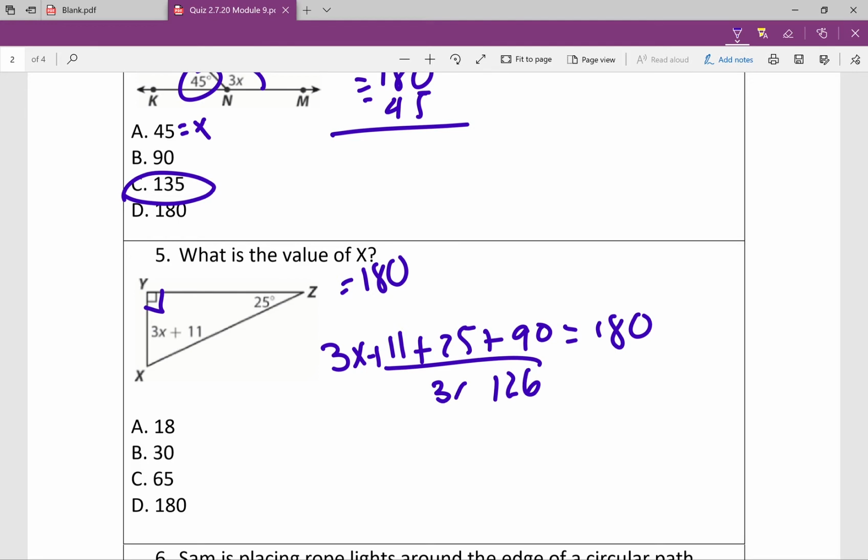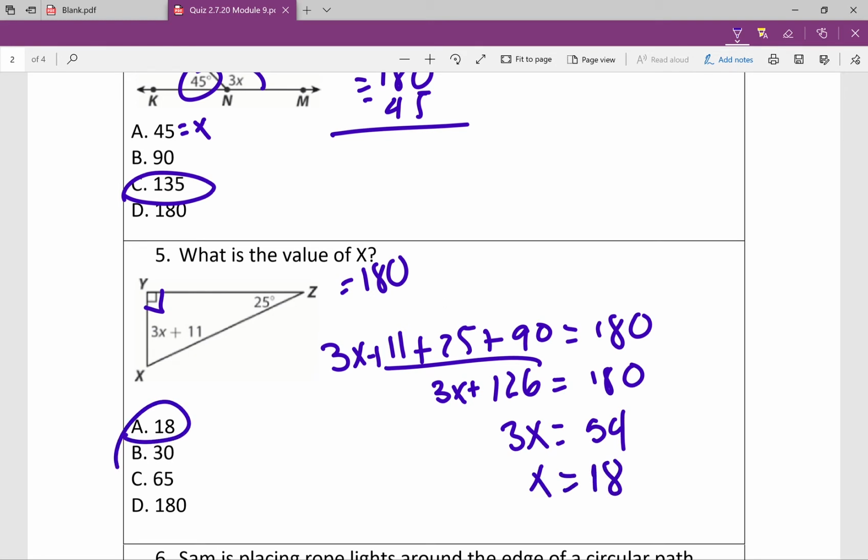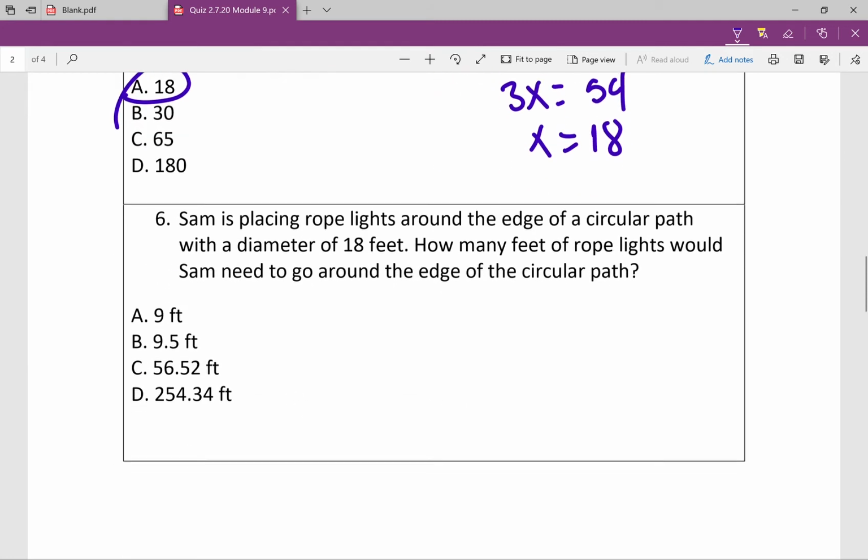I still have the 3x plus 126 equals 180. Subtract 126. So 180 minus 126, I get 54. So 3x equals 54. I divide by 3, so x equals 18. That was my answer. Again, the three angles have to equal 180.